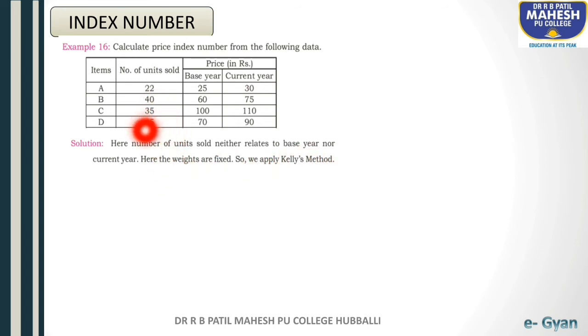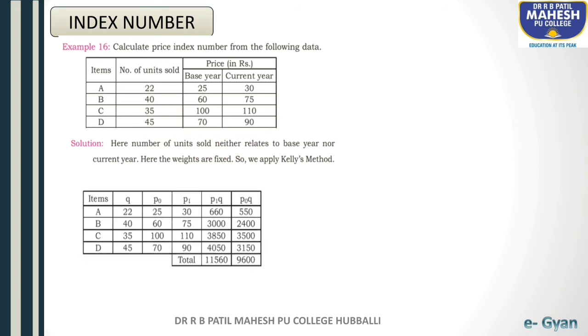The weights are fixed, so you have to take this as only quantity Q. So as per the given data, we apply Kelly's method. As you know, Kelly's price index number formula is summation P1 Q upon summation P0 Q.